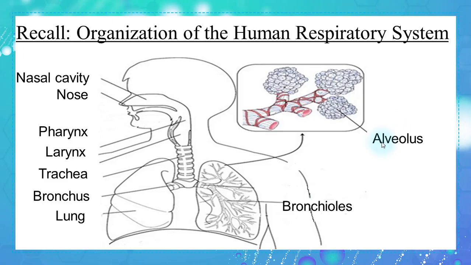Also, we learned how to trace the path of the inspired air, which is the air that enters our body. It enters from our nose. It passes through the nasal cavity, then to the pharynx, larynx, trachea, bronchus, bronchioles, till it finally reaches the alveoli.